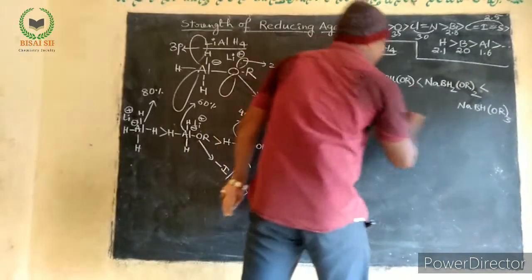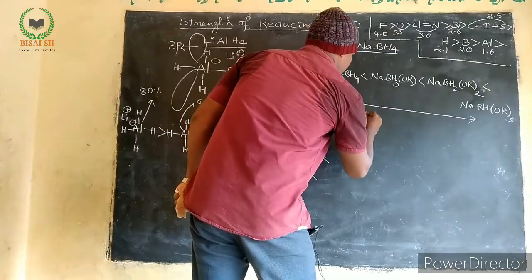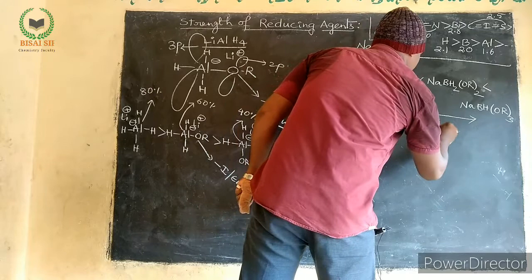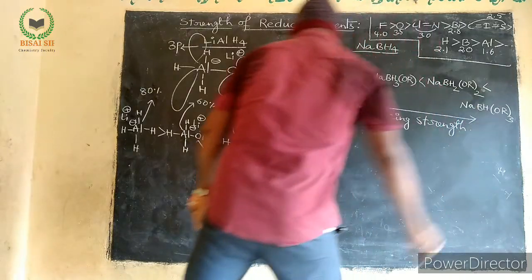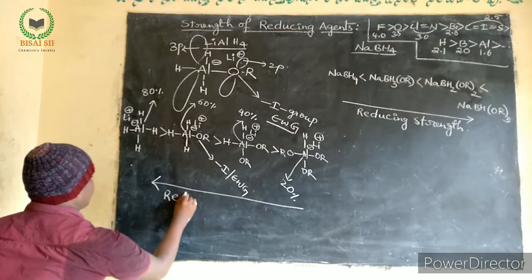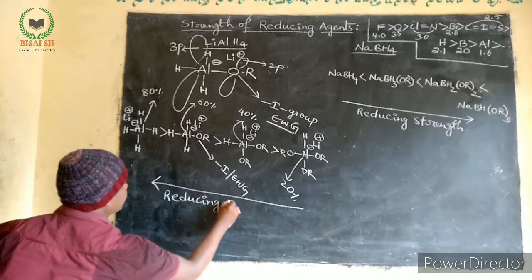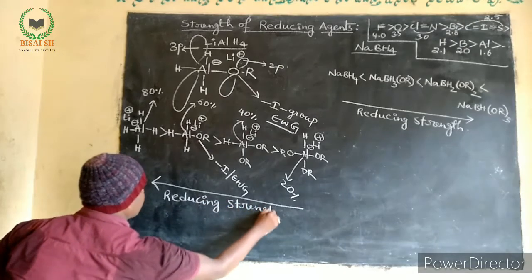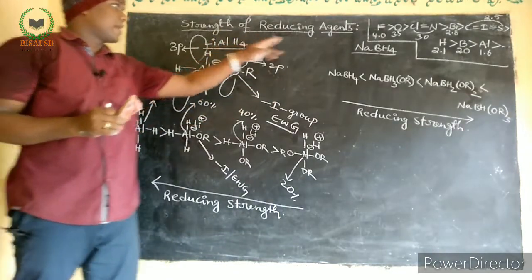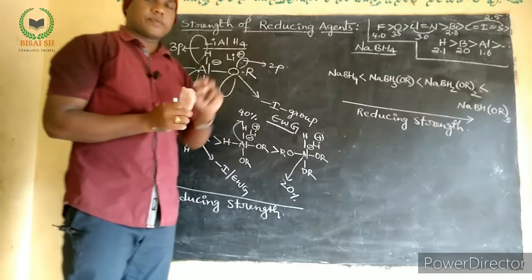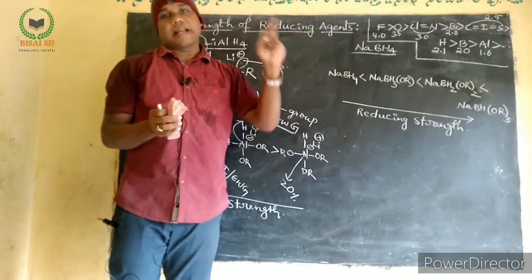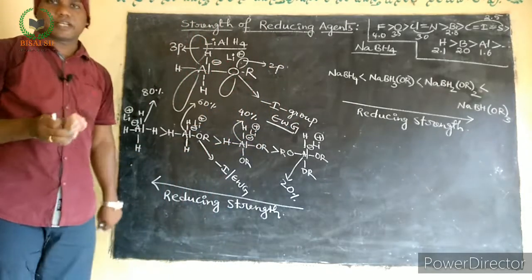So this is the reducing strength. That is the main difference between lithium aluminum hydride and NaBH4. Very excellent concept and very, very important for JEE Mains, NEET and Advanced, correct?